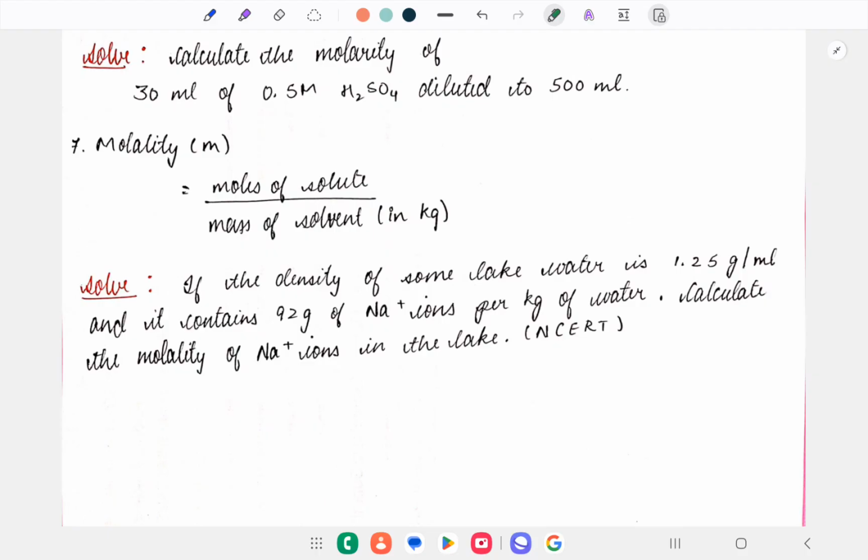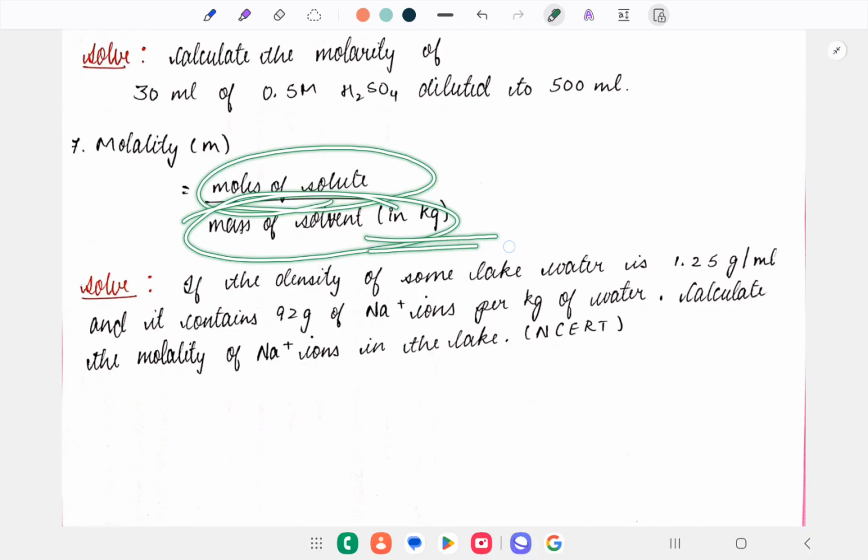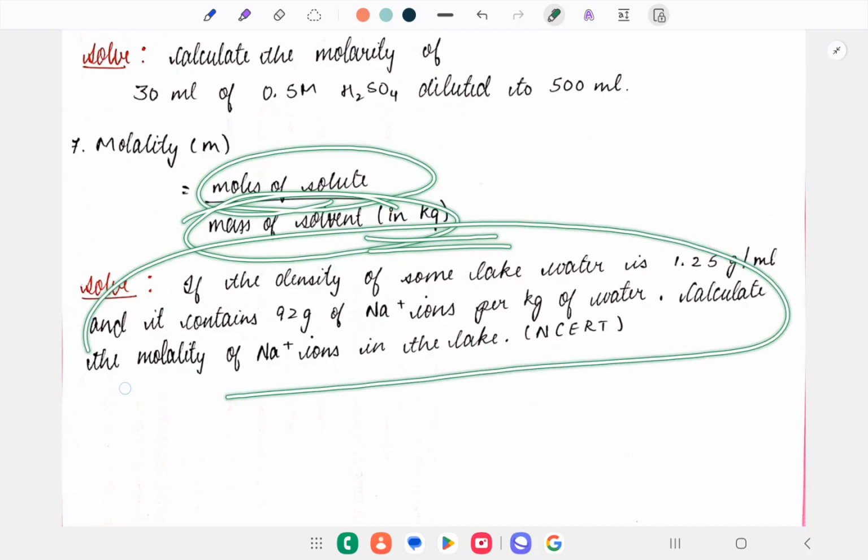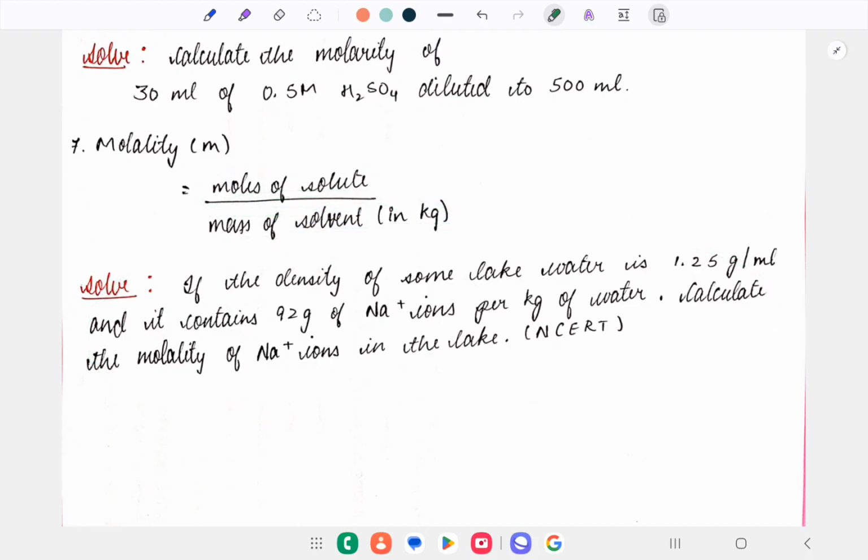So it is represented as mole per kg, and it is independent of temperature. That is, it will not change with the change in temperature. So the basic formula is moles of solute by the mass of solvent in kg. Here is a question. It is an NCERT question.